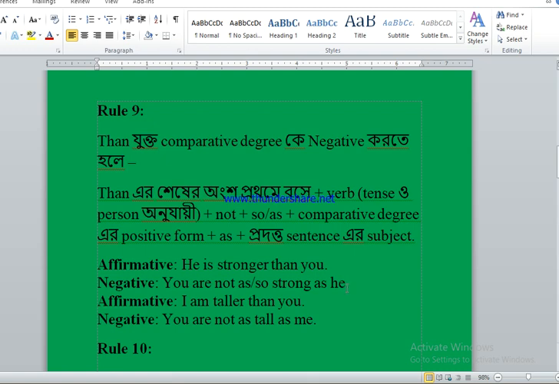Okay, that way you can change affirmative to negative, or comparative to positive.